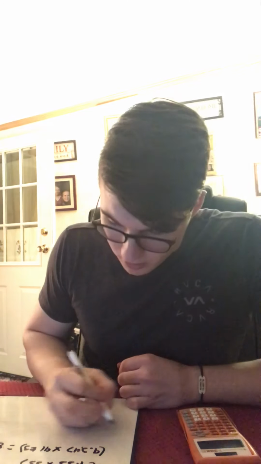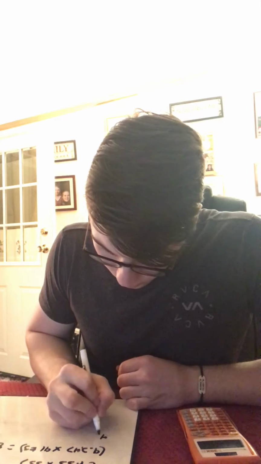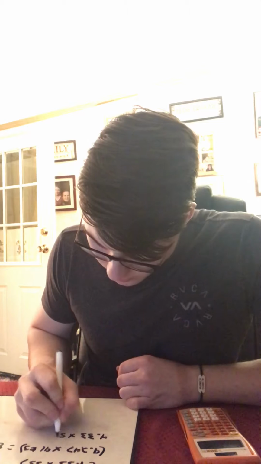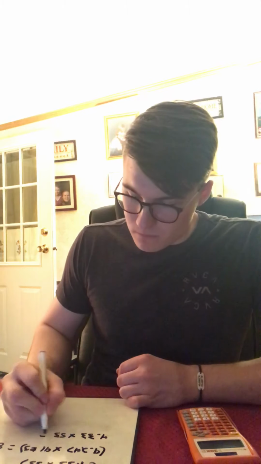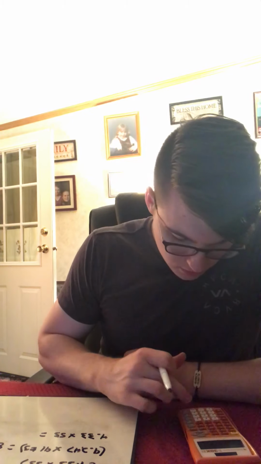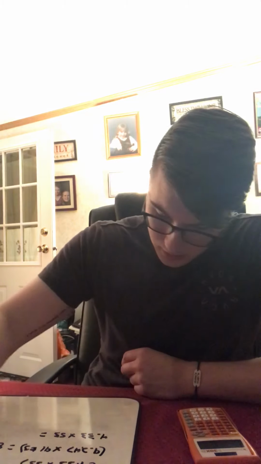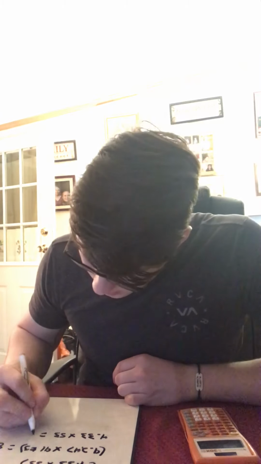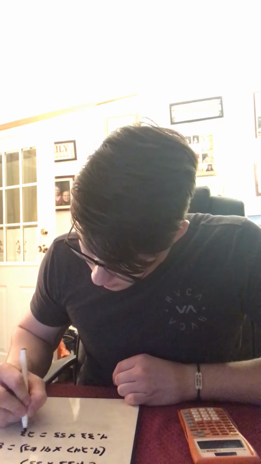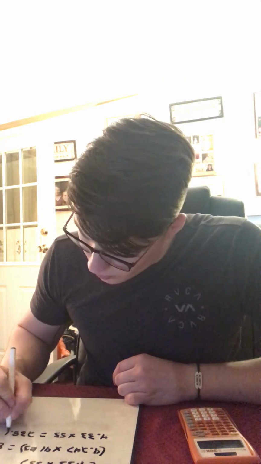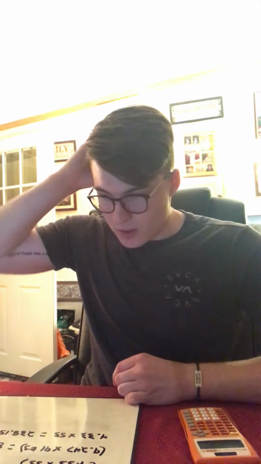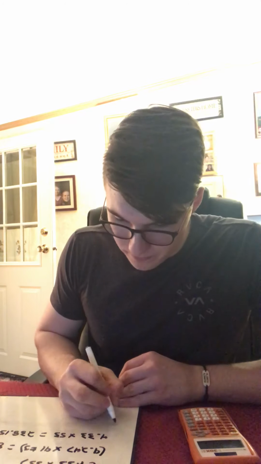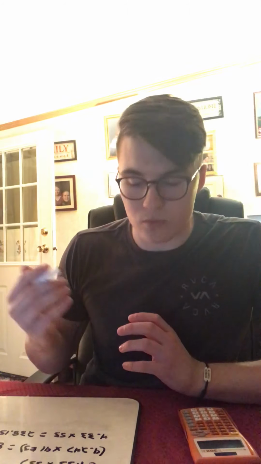And then the last part is 4.33 times 55. That gives us 238.15. So now that we have all of those numbers, all we have to do is make one big equation.